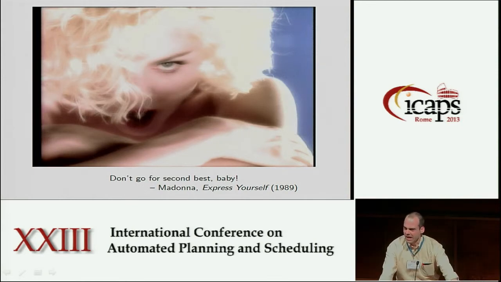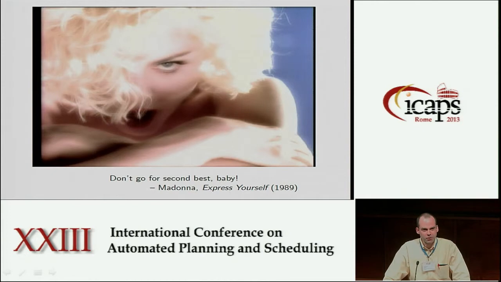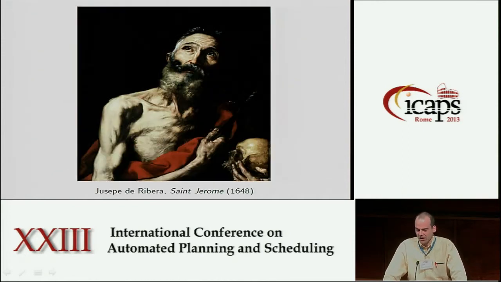But now, and especially because we are in Rome today, I would like to point out that we are all made of mortal flesh, and we do not have time to sit around and expand every single node that costs less than F star. We have to take this seriously.